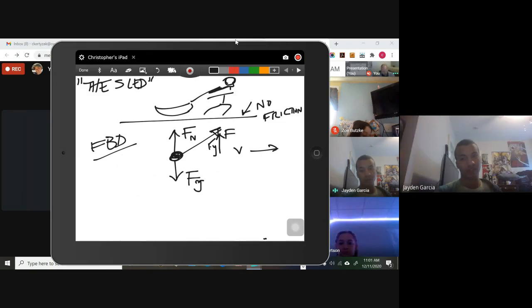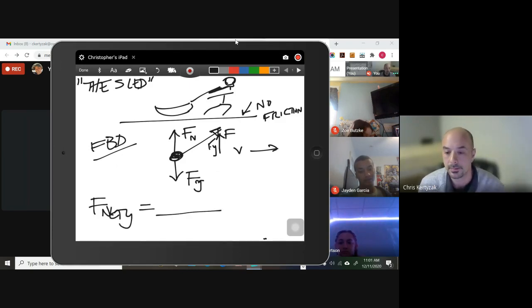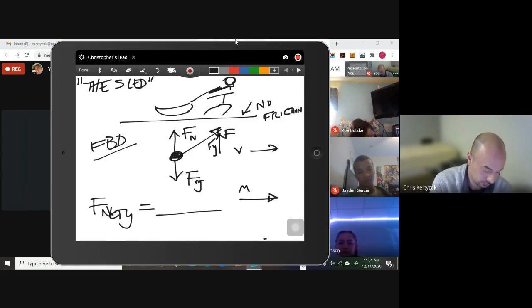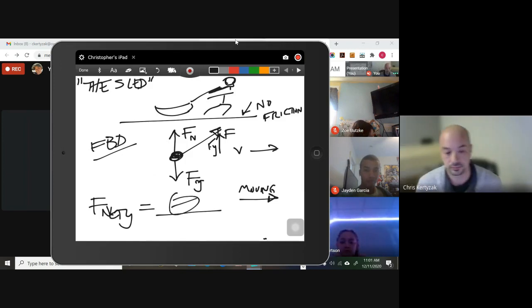What would the net y component force have to equal? Would it have to be 0? Yep, it has to be 0. There's no unbalance in the upward or downward forces because it's not moving up and it's not moving down. It's moving rightward.